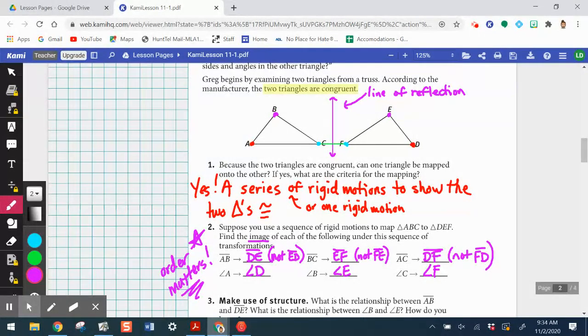So if we know these two triangles are congruent, and there's a series of rigid motions that can show that, then line segment AB has to be congruent specifically to line segment DE. Therefore, whatever measure angle B is, angle E has to be the same measure.